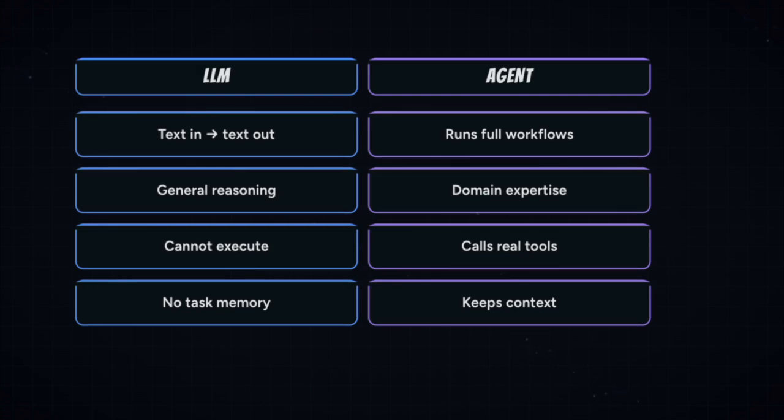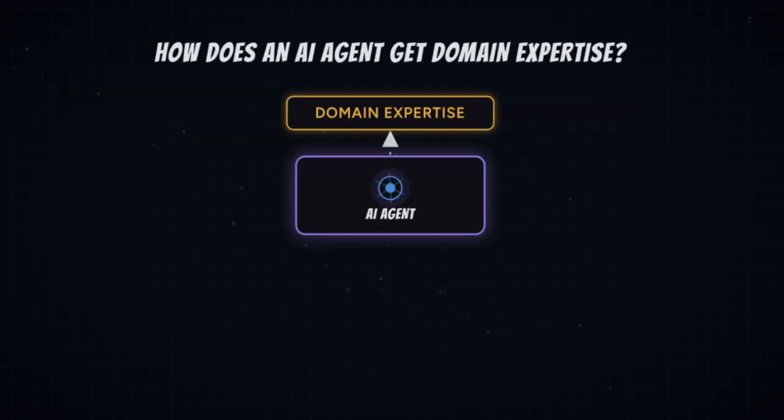Now there is one question that is coming to my mind: how does this AI agent get the domain expertise? We know that an AI agent has the LLM built in, so yes, it has reasoning capabilities. But how does it have domain expertise and perform any action very, very efficiently?